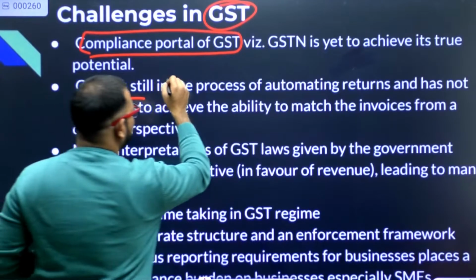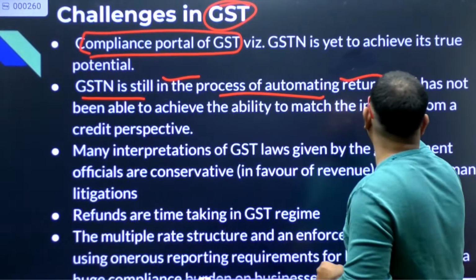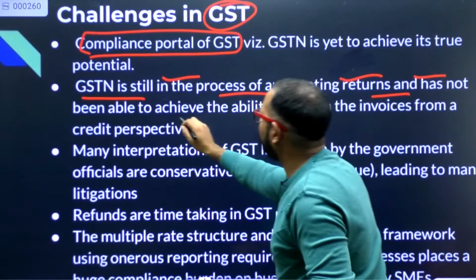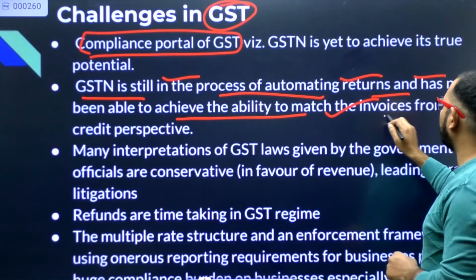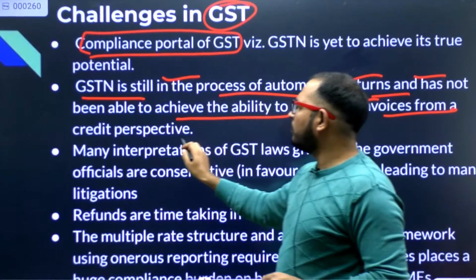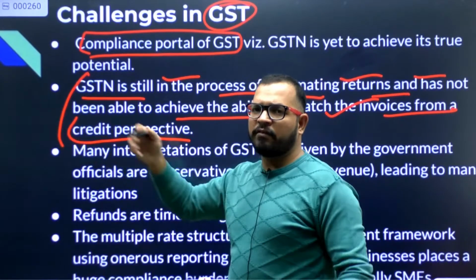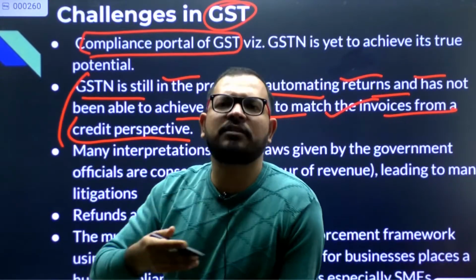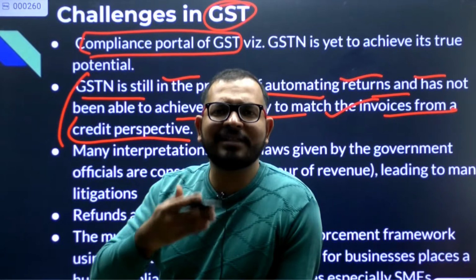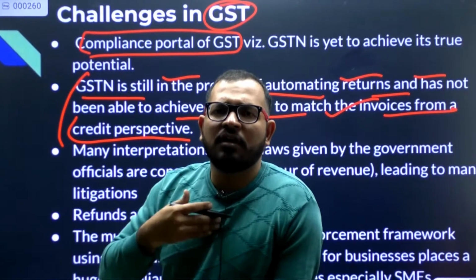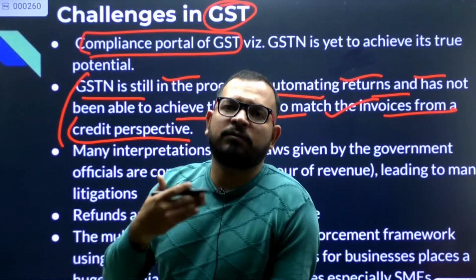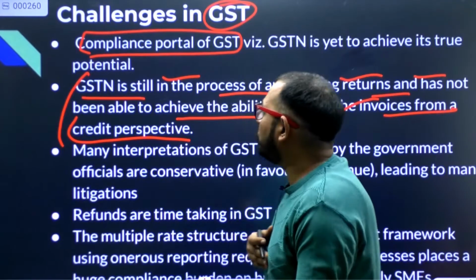GSTN is still in the process of automating the returns and has not been able to achieve the ability to match invoices from the credit perspective. So whatever I was saying, there is actually a mismatch in the invoices. Because of this, the compliance burden is increasing.